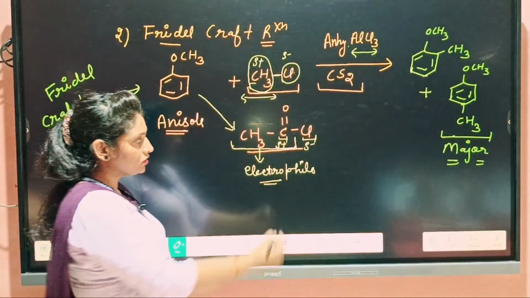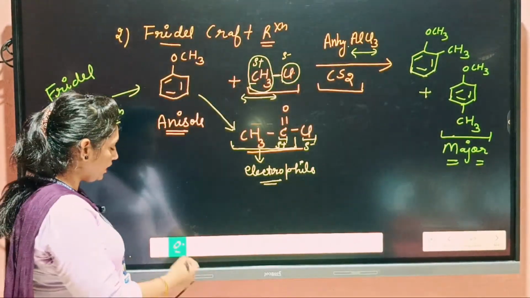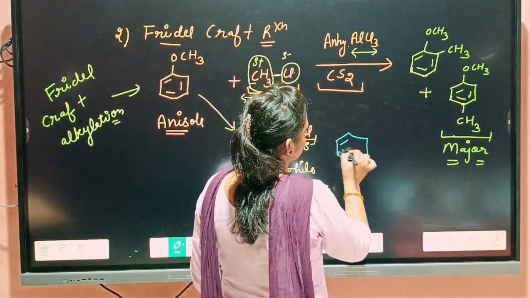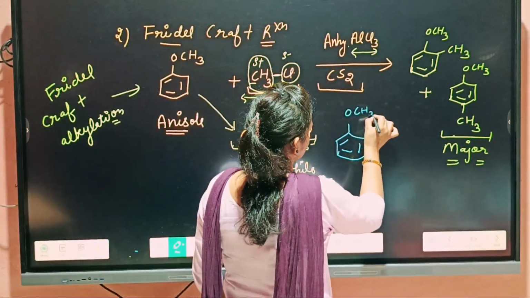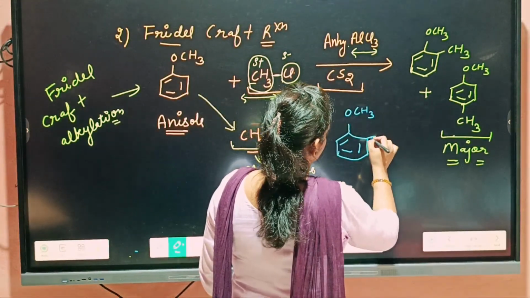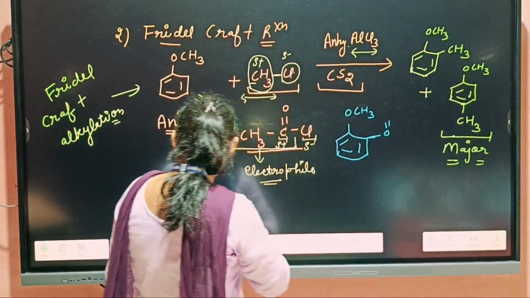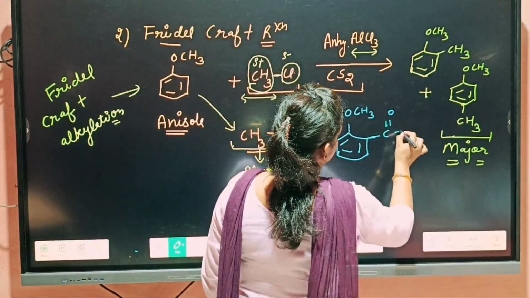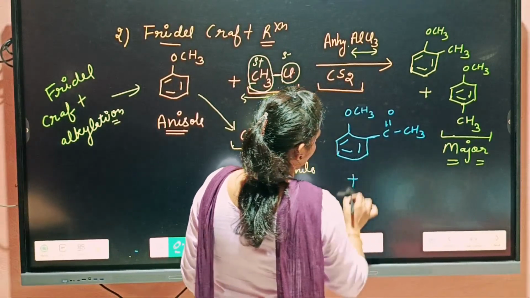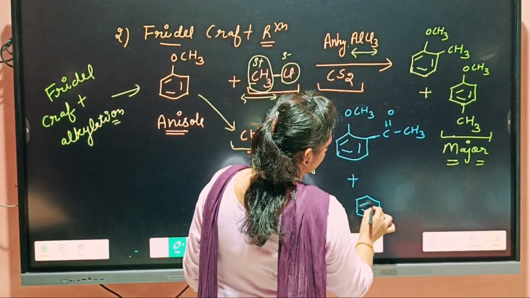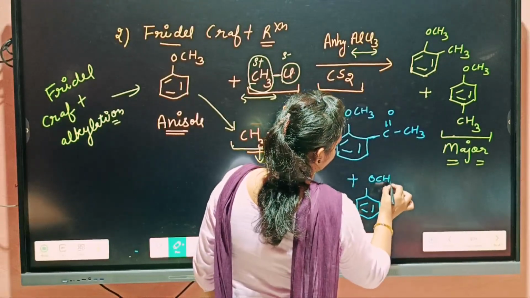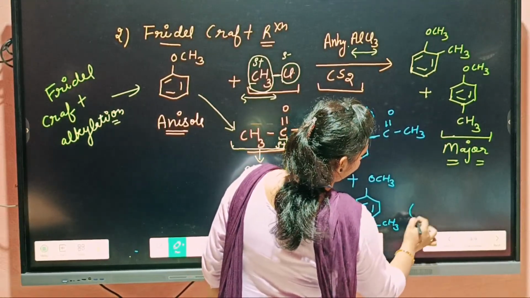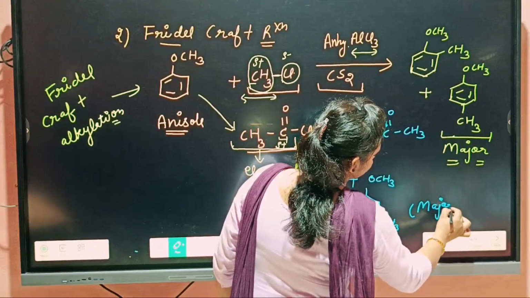Now attachment of this group will take place at the ortho and para positions, and you will get the product either this one or this one, ortho or para. Here again para will be the major product.